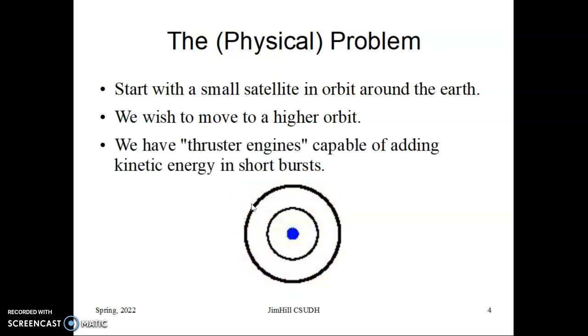So the presumption is that we have thruster engines, some kind of engine that can add a large amount of kinetic energy in a short burst. Short burst, by that I mean that the time during which I change the energy is negligible. So suddenly I go from whatever energy I had to a higher amount of kinetic energy, short in time and therefore acting at one point in the orbit.